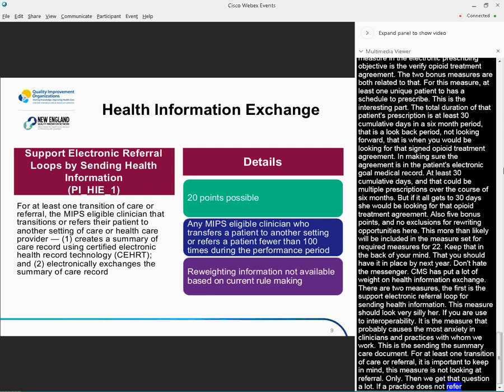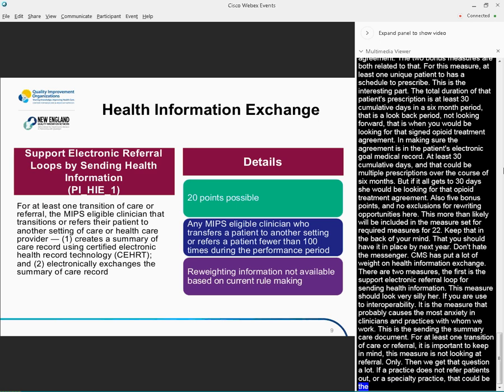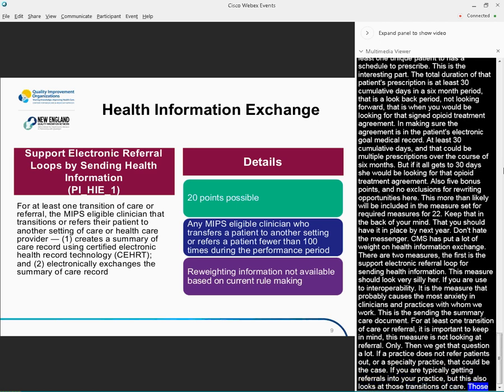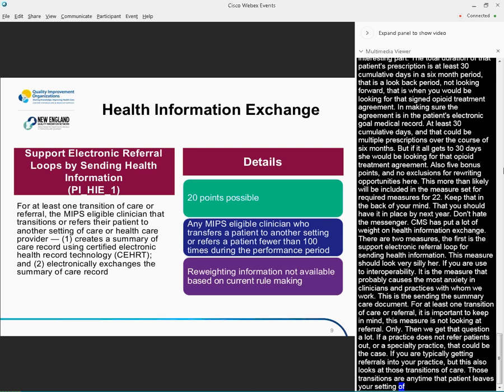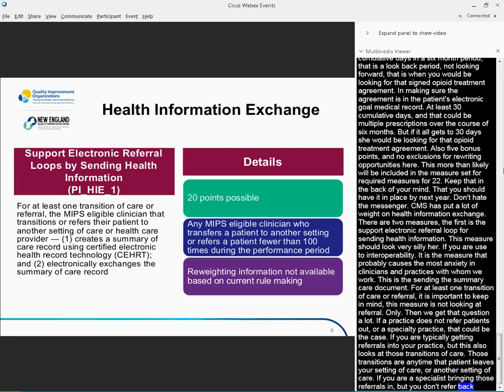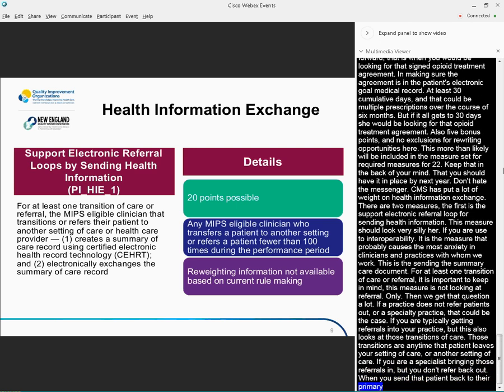And those transitions of care are any time that patient leaves your setting of care for another setting of care. So if you're a specialist bringing those referrals in, but maybe you don't refer back out, when you send that patient back to their primary care physician or maybe other care provider, I'm not sure who it would be, that would be considered a transition.